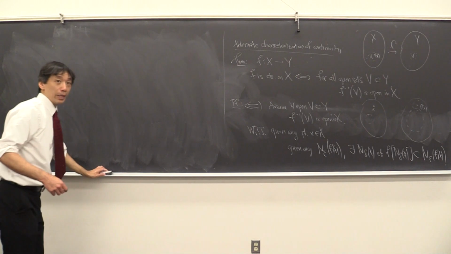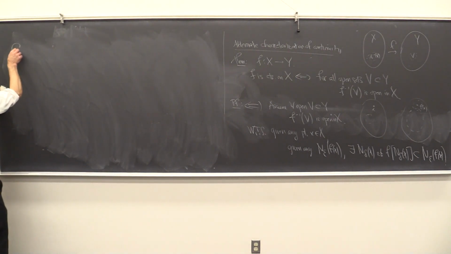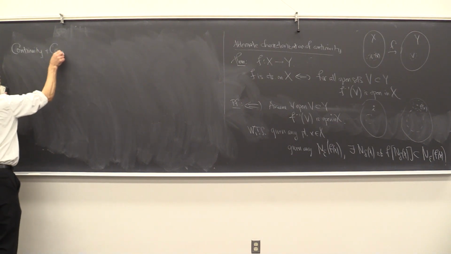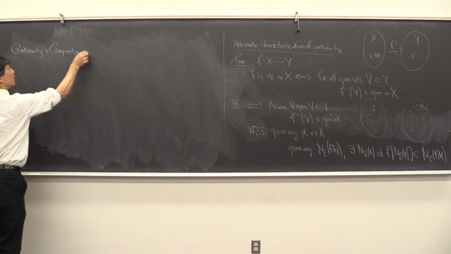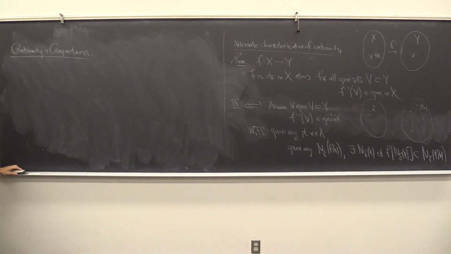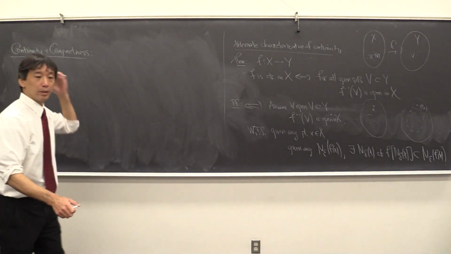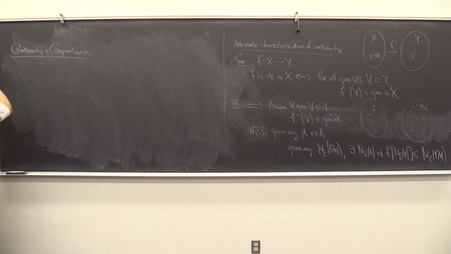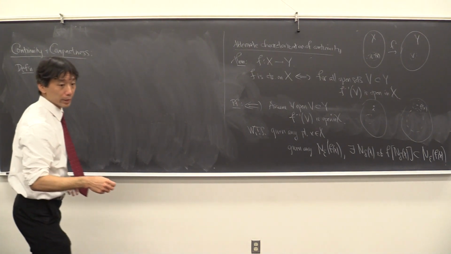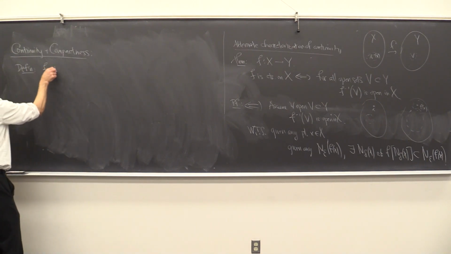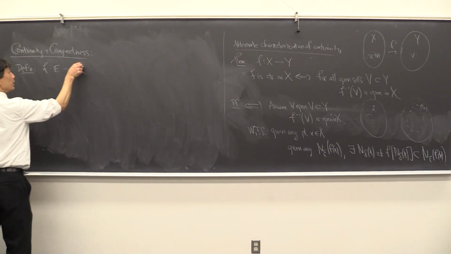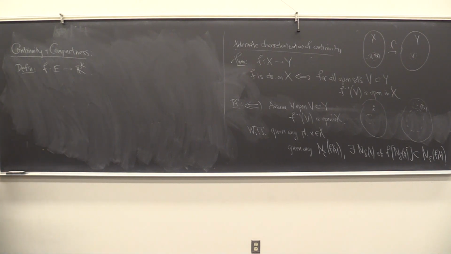So here we get to the really interesting stuff: continuity and compactness. The first thing is we'll give a definition. You have a function going from a set into Euclidean space.